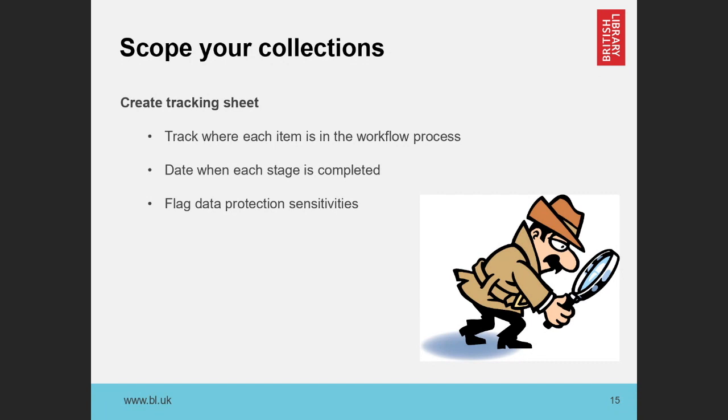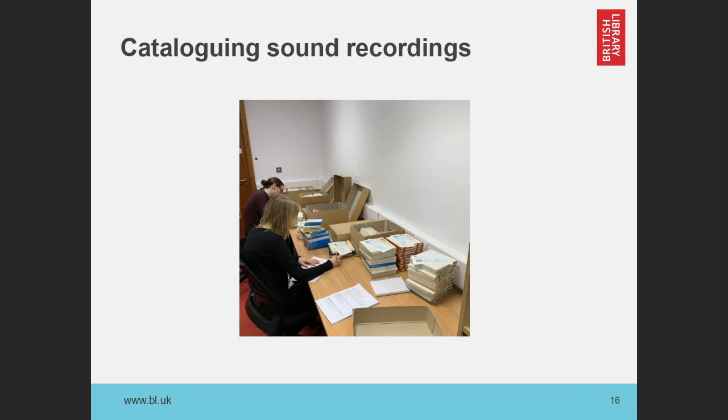It also is useful for identifying any sensitivities with any of the recordings, so data protection concerns. After all this is the end of scoping, and the items are sent for digitization. I'm not going to cover digitization because it's a different session, but once they have been digitized, we move on to cataloguing them.